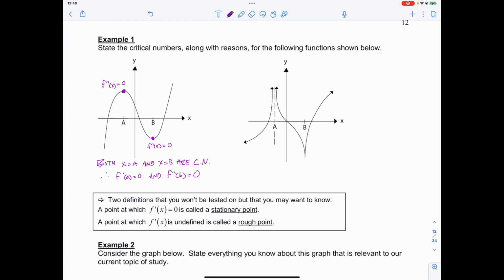When I get to the second example here, I have this vertical asymptote at a. So it is going from having a positive slope to having a negative slope, but the original function can't exist at a, whereas at b, it's going from a negative slope to a positive slope, and it is continuous at this point, even though f prime of b is undefined.